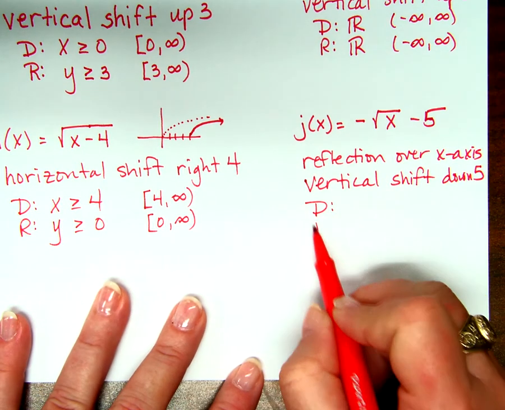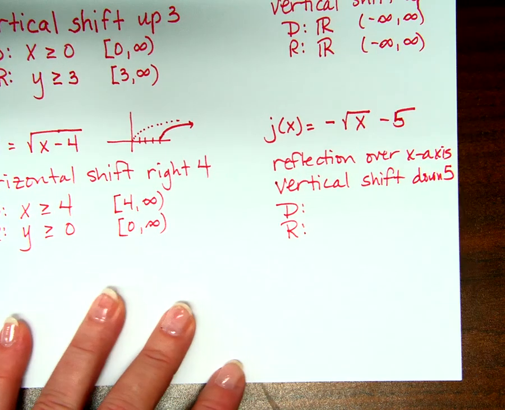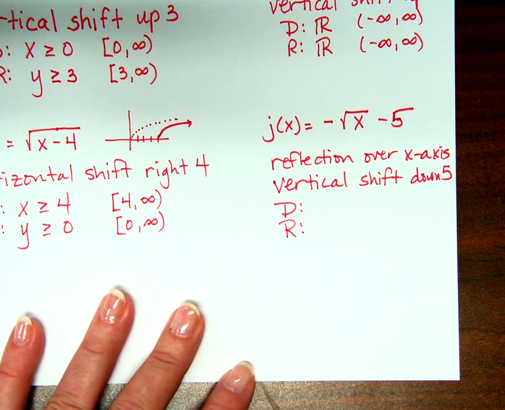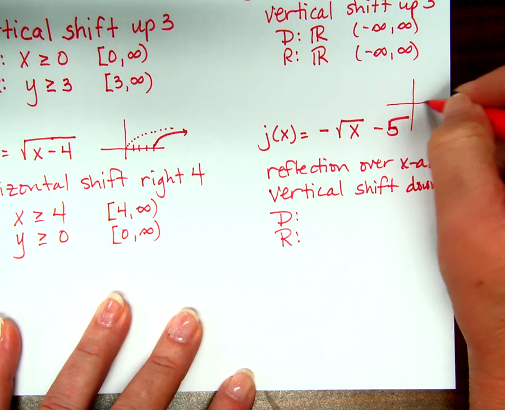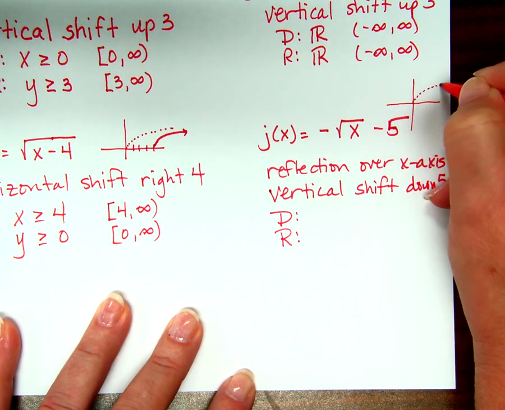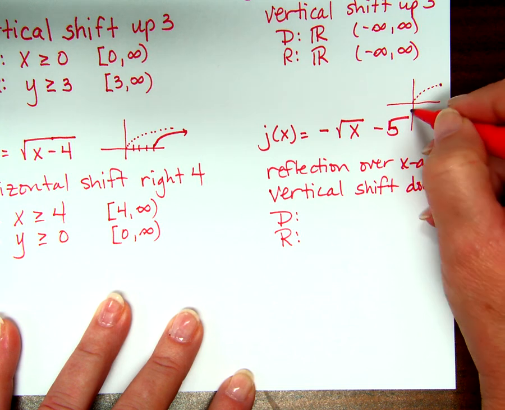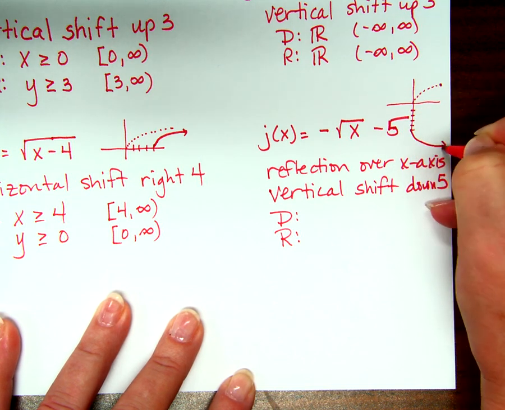Tell me about the domain and the range. So it was here. I flipped it over. I moved it down 5. So now it's there, right?